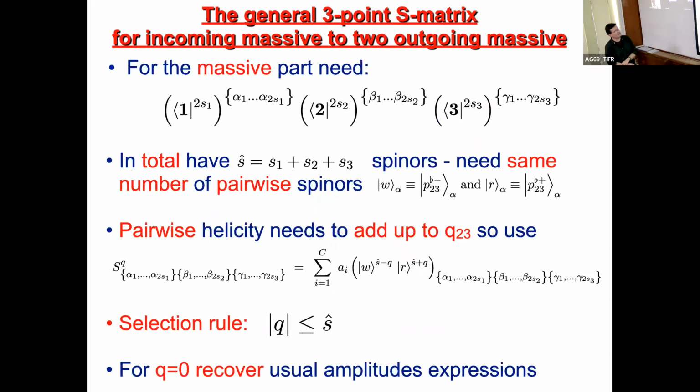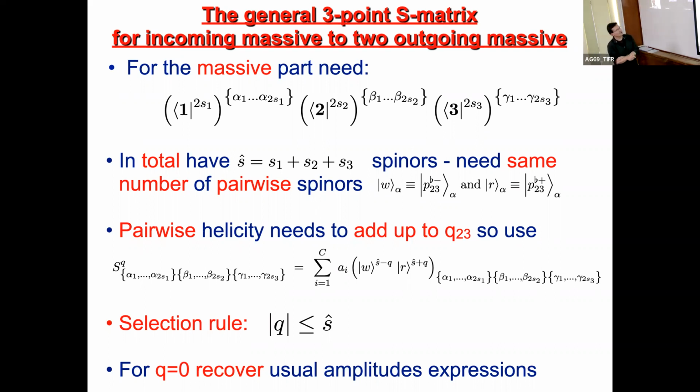Now for the three-point amplitude, you can write pretty nice general expressions for how to get the right number of contractions. This is the part corresponding to the ordinary one-particle little groups. If you have a particle with spin s1 decaying to a particle with spin s2 and a particle with spin s3, then you have to use 2s1 ordinary spinor-helicity variables, so it will have 2s1 spinor indices, and the same for the decay products.